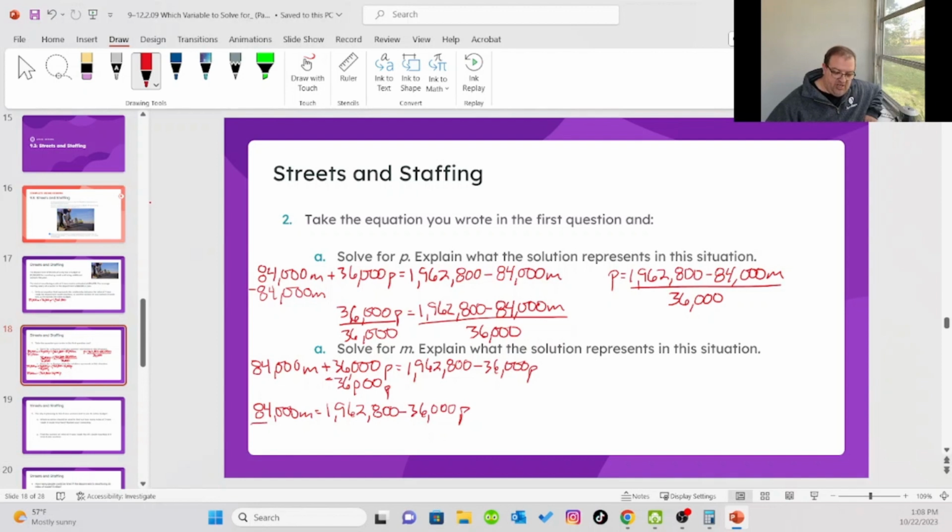But I want M by itself, so I divide by 84,000, and I divide both sides by 84,000.